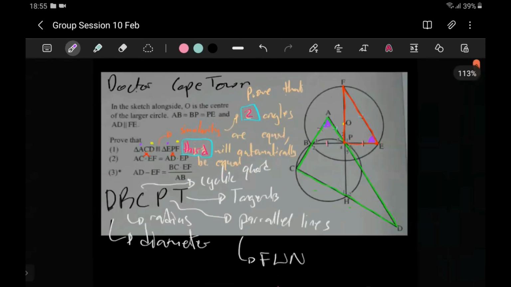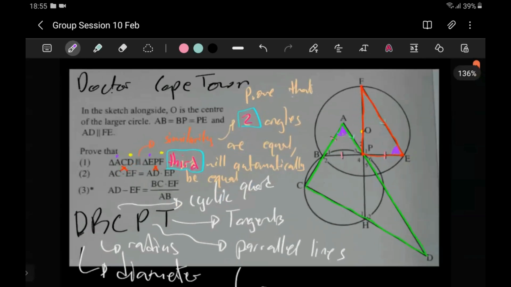So before I even carry on, can anyone see any angle that is equal to A? And can anyone see any angle that is equal to E? Just from looking at our sketch. If you see it, now is the time to put the mic on and be heard. And if you have any questions, now is also the time to ask.